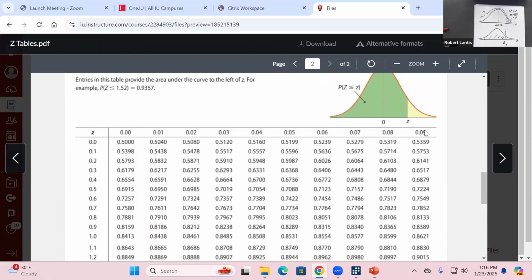Okay. So in between 1.28 and 1.29, we'll use 1.29. Okay. So using that value of 1.29, right, we said the inverse equation was just rearranging that z-score formula. So what is our mean?